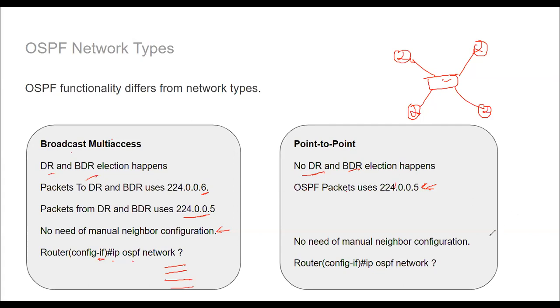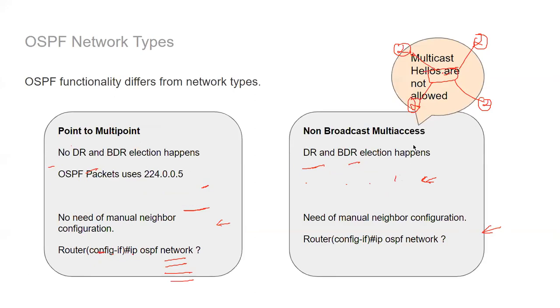You don't need to manually configure it. In point-to-point, your multicast packet is allowed, but broadcast is not. I'm sorry, multicast packet allowed, but sharing the same information again and again is not. So that's why no DR and BDR. Point-to-multipoint is also similar to point-to-point.